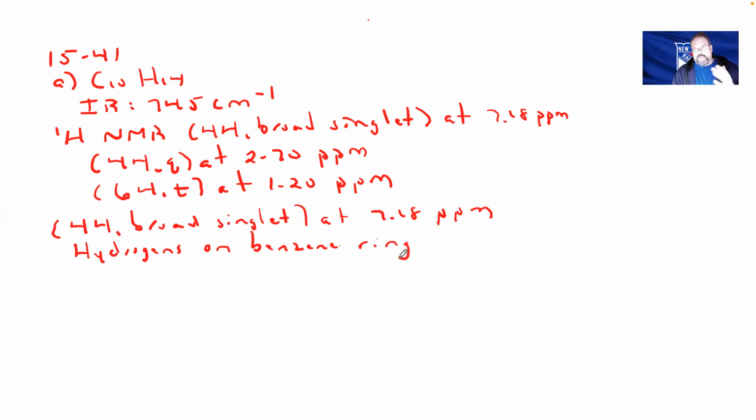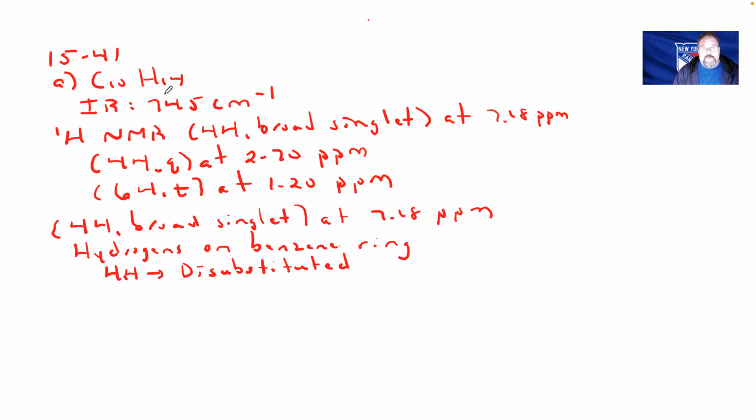Because remember, between 6.5 and 8.5 parts per million, the only type of hydrogen that can give rise to a peak or peaks in that range are hydrogens on something aromatic, like a benzene ring. And because there are 4 hydrogens in this area, what it speaks to is the fact that the benzene ring is di-substituted, okay? 5 hydrogens in that area would speak to mono-substituted, 4 would speak to di-substituted, 3 would even speak to tri-substituted. But we know for di-substituted, there are a couple different arrangements: ortho, meta, and para.